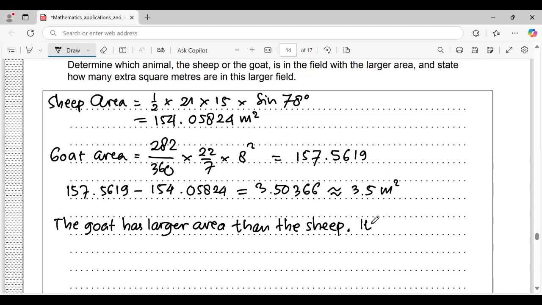And the goat has 3.5 meter square larger area than the sheep.